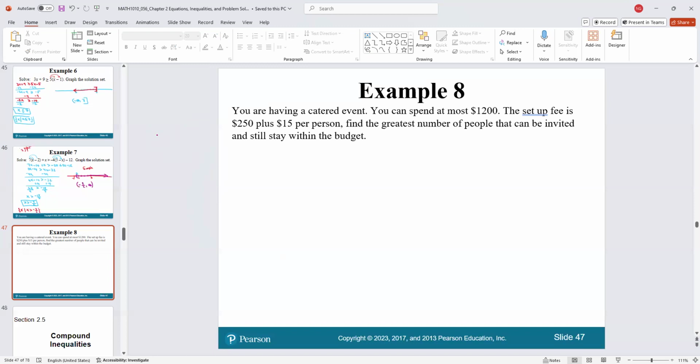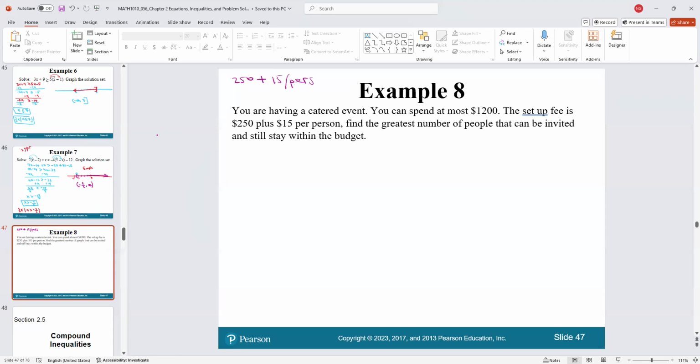So you rent the place for $250, and that's a flat fee. The $15 is variable, $15 per person. So if you have 25 people, that's 15 times 25 plus 250.